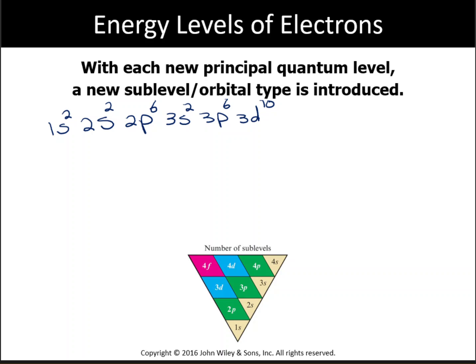Now, moving on to the fourth energy level, we expect 4 sublevels here: 4s, 4p, 4d, and 4f. For s, you would expect a maximum of 2, a maximum of 6 electrons for p, a maximum of 10 for the d, and a maximum of 14 for the f.